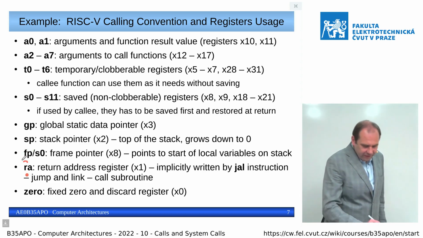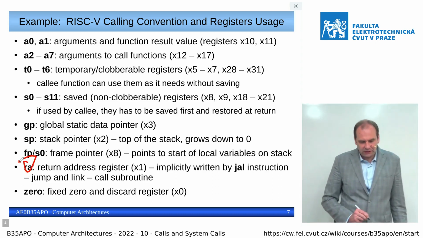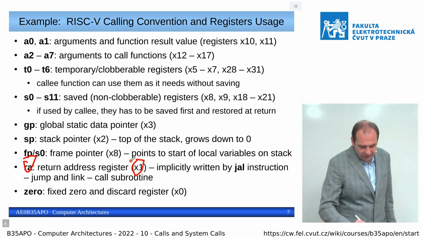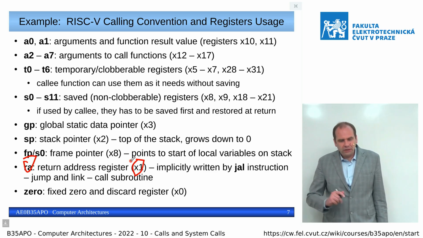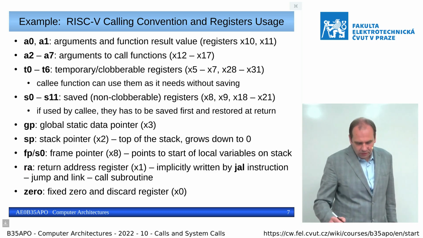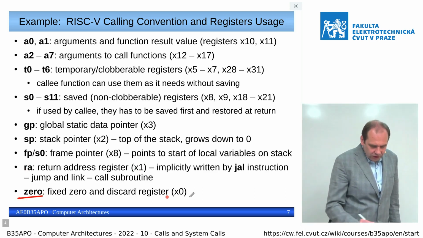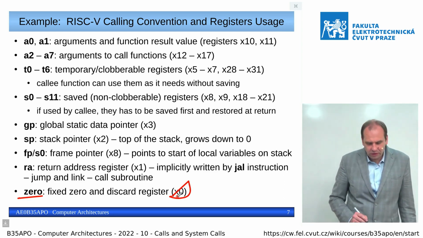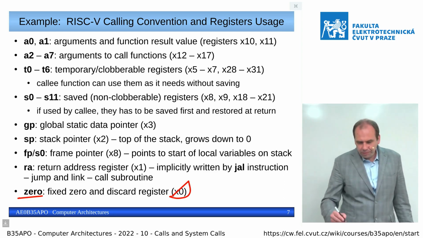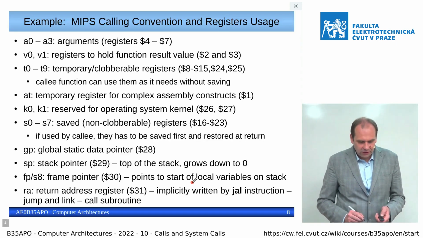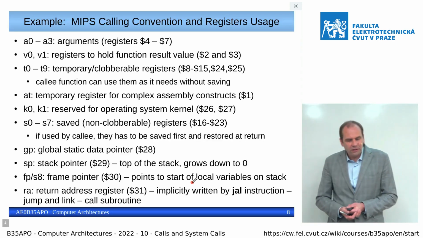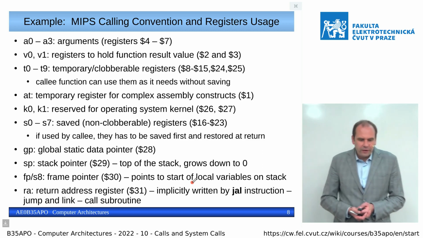And then we need a return address register, which is x1 for RISC-V, which allows us to return when we call the subroutine. And then we have the 0 register, register x0, which provides a 0 constant and can be used as a discard register.